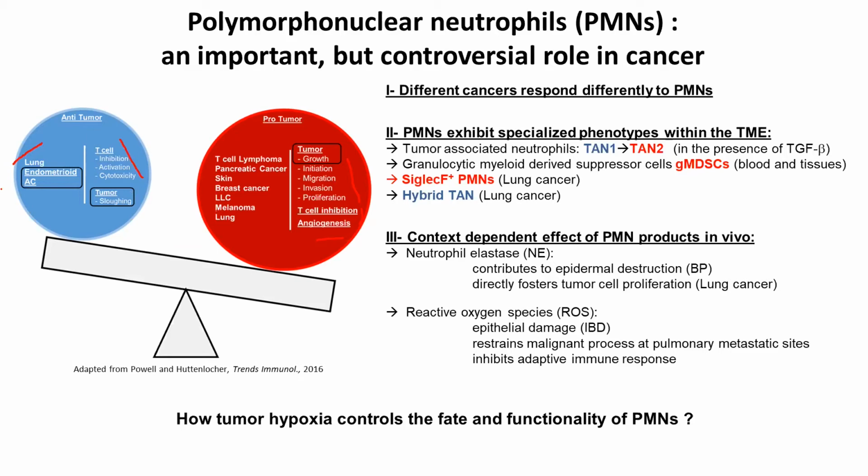In the lab, we showed in a mouse model recapitulating the human endometrioid adenocarcinoma that neutrophils were able to induce tumor sloughing, which is the detachment of a live tumor cell from the basement membrane, to oppose tumorigenesis. So what can explain this difference? First, different cancers can respond differently to PMNs.